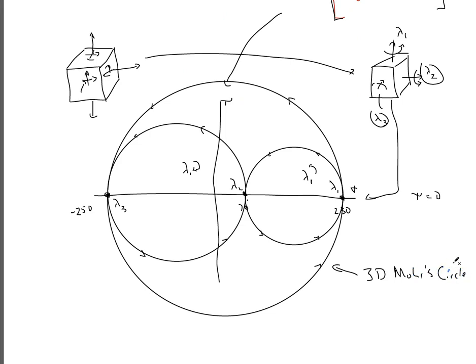Right. So what's the maximum shear within this element? Right here at the very, very peak. Or if I have something that is maybe anisotropic, then maybe I care about the other maximum shears as well.